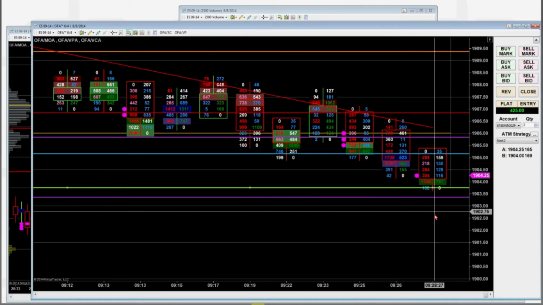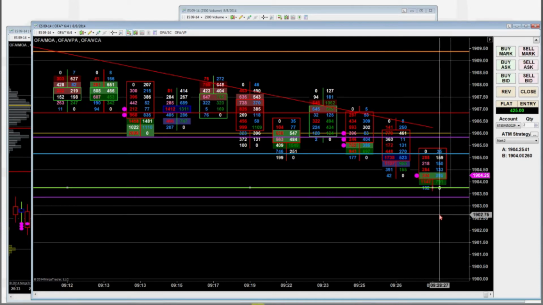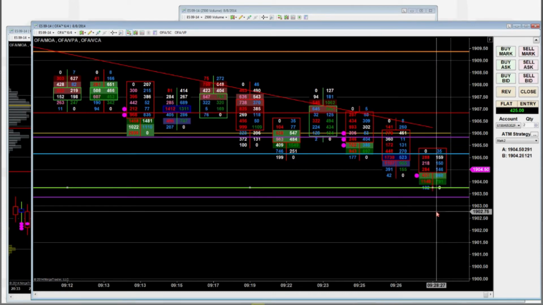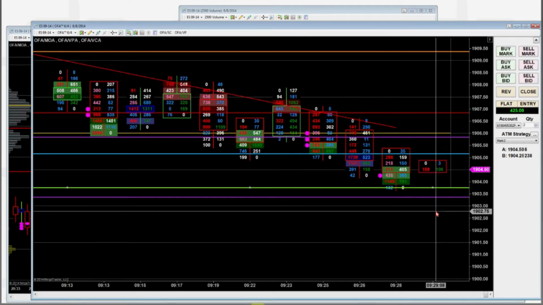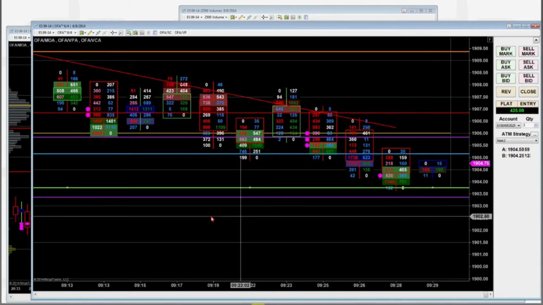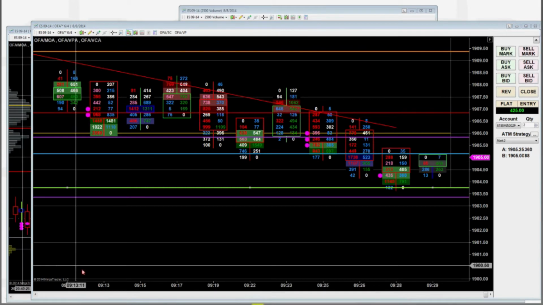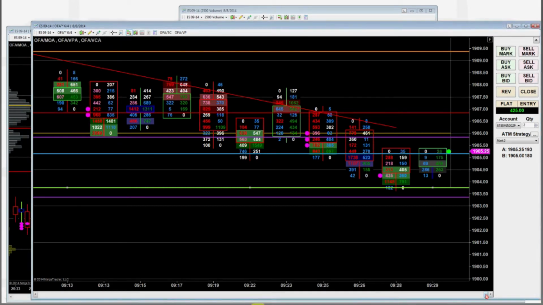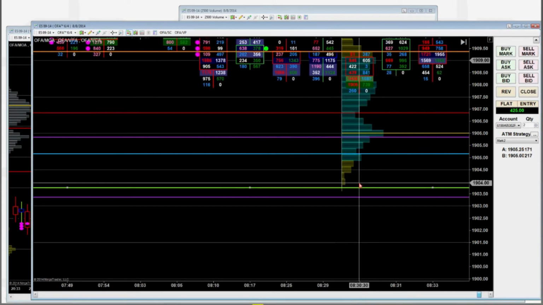Getting strength back to the bid. Now, if I would have just had a long bias all day, I could have been in trouble. What I do want you to see now is the profile. See this little nub of volume right there at 1904?